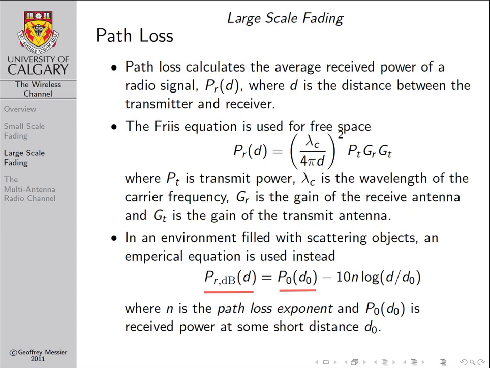And if you want to calculate P naught at this separation of 2 meters, let's say, what you use is the Friis equation. And so the Friis equation is used to calculate this reference power at D naught.